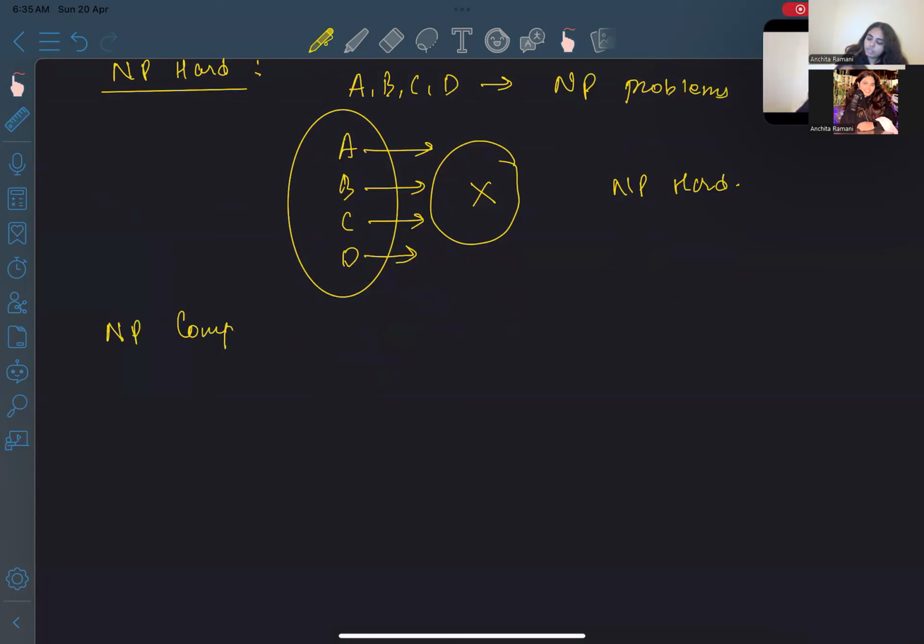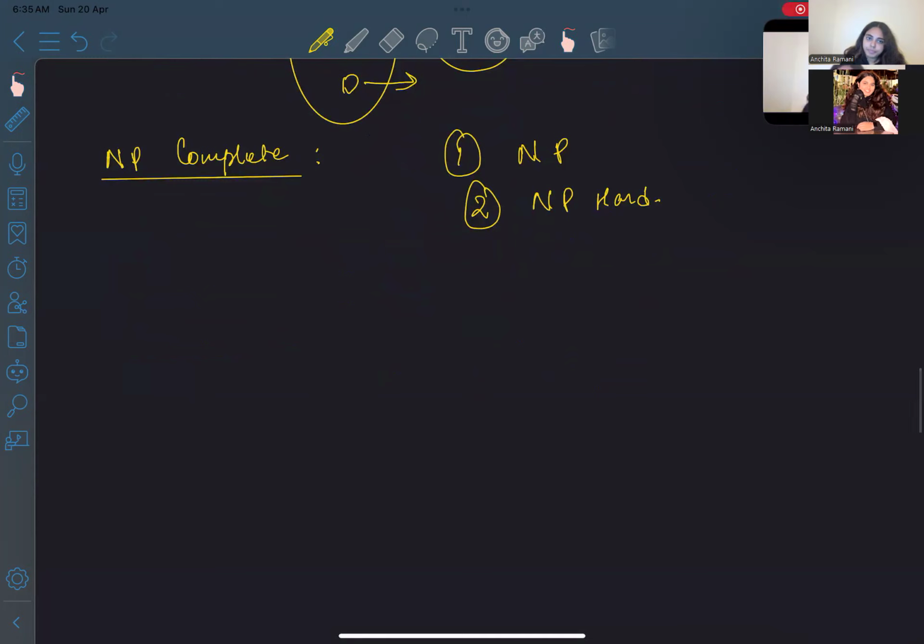Let's move on to the last one, which is NP-complete. A problem is called NP-complete if it is NP, first of all, and second of all, it is NP-hard. So it needs to be NP as well as NP-hard. Then we call it NP-complete.